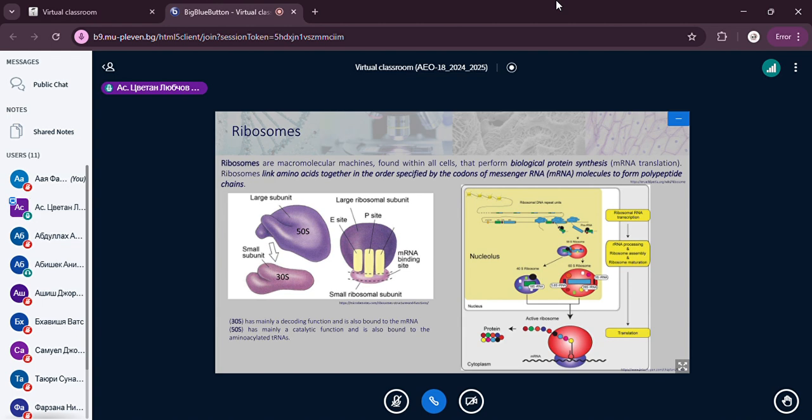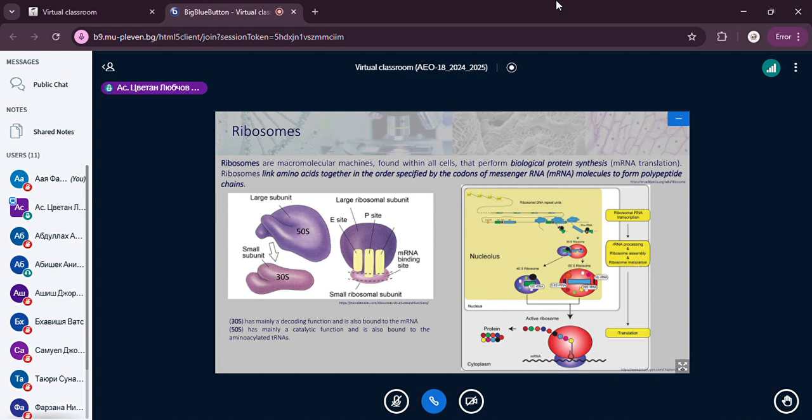Initially, ribosomes are assembled in the nucleus, guys. Surprisingly, they are going to be in the nucleus, in a specific part which we call the nucleolus. After that, the ribosomal subunits, guys, pass through the nuclear pore, the one we're going to talk about with you. They pass through it and go into the cytoplasm.